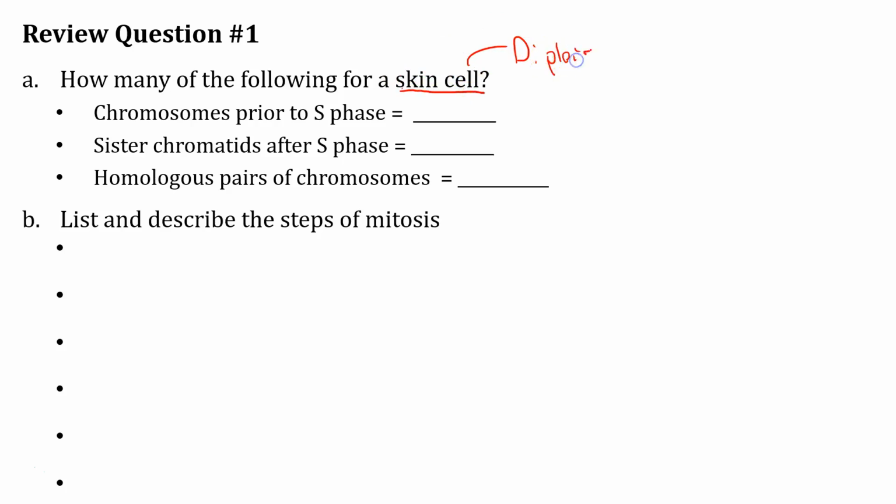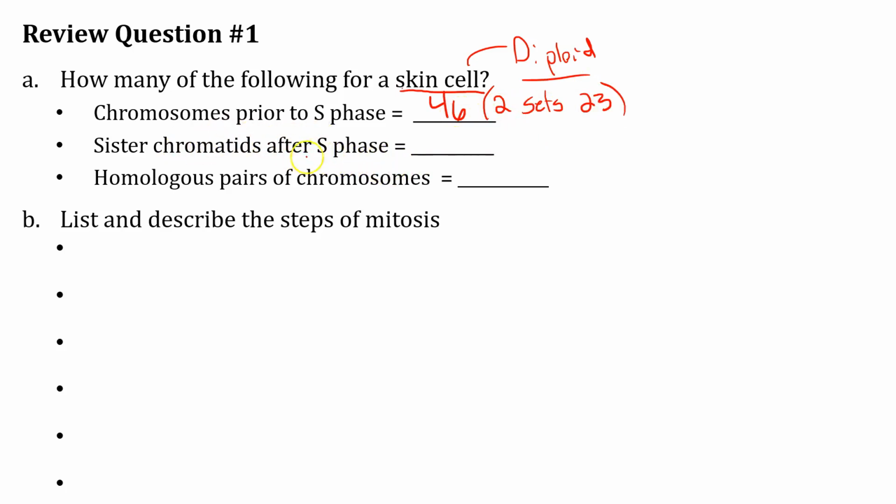Diploid means it has two sets of chromosomes, and this is going to be the case of all the cells in your body, save what are called the gametes, which are a different type of cell, which is what this whole chapter is about. But for starters, the chromosomes prior to the S phase, this is going to be 46 chromosomes. All of our body cells have 46 chromosomes, and this is because there are two sets of 23 chromosomes in there. And if you take 2 multiplied by 23, you get 46.